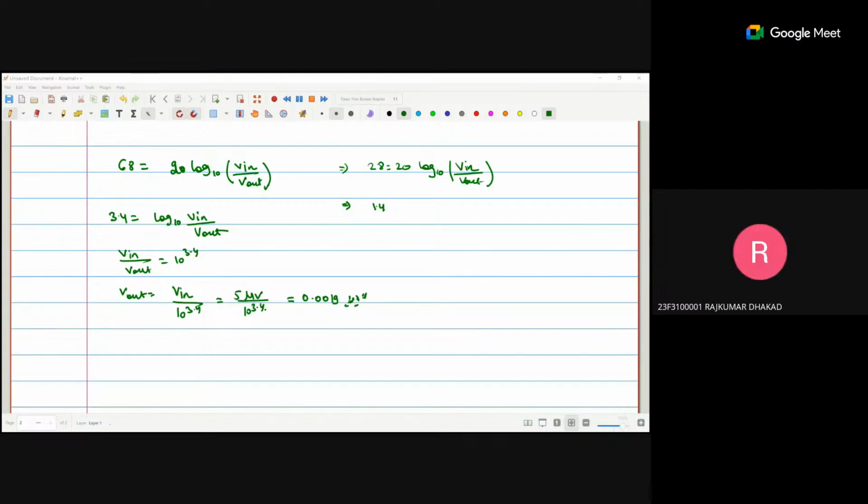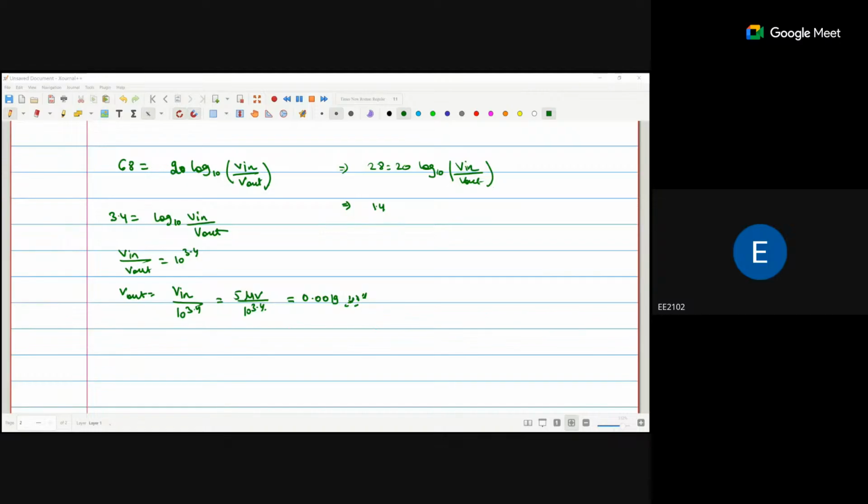Sir, in the second question as well, I think I'm getting a wrong answer. Maybe my calculation is wrong. If the noise voltage at the input is 5 millivolt at 100 hertz, the noise at the output voltage is 5 millivolt divided by 10 to the power 4.